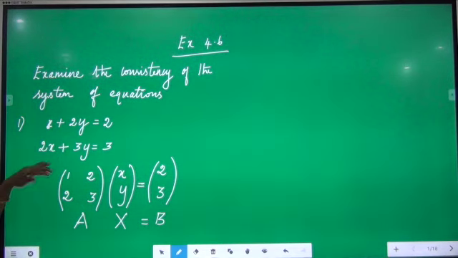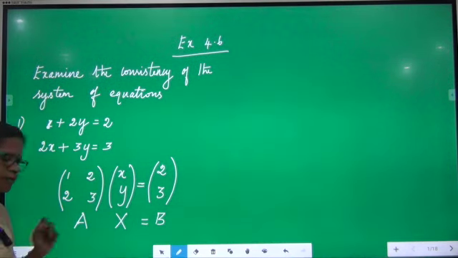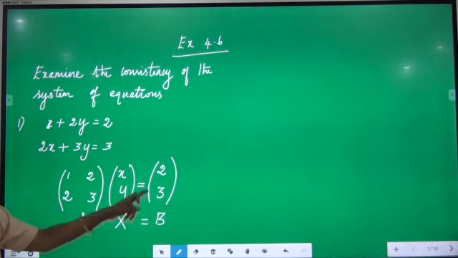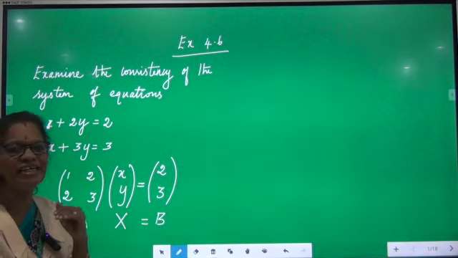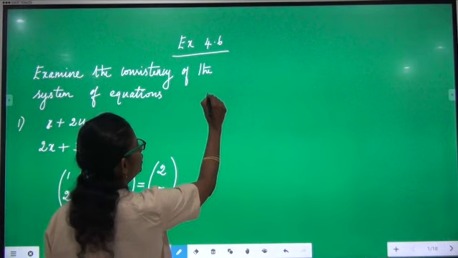The collection of coefficients of x and y is capital A, the variables x and y are capital X, the constant is represented as B. What I said, how to examine whether the system of equations is consistent or not? For that we want to find determinant A.